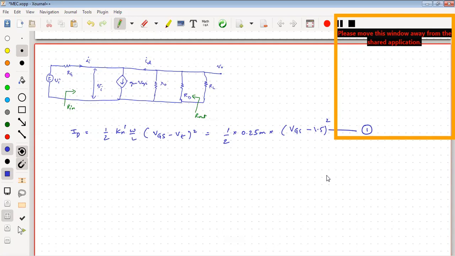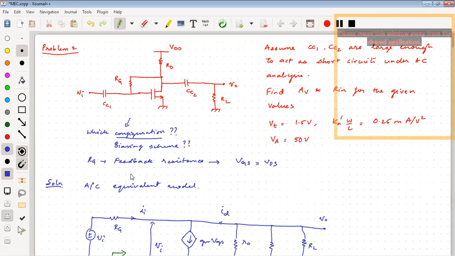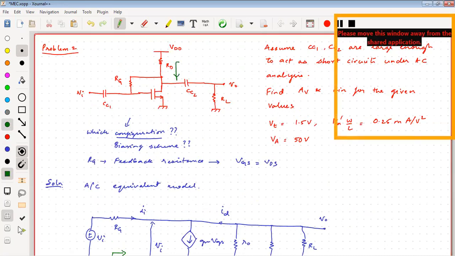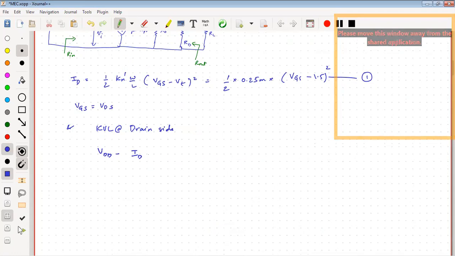I don't know the value of ID, and I don't know the value of VGS. Since I know VGS is VDS, if I look at the circuit diagram and apply KVL at the drain side, I get VDD minus ID into RD minus VDS equal to 0.